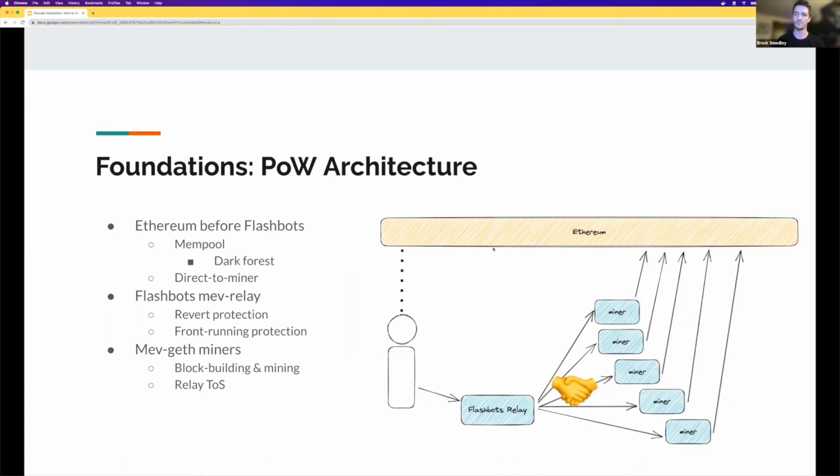The mempool is public, meaning that anything you send is visible to everybody who's running an Ethereum node. That doesn't have to be miners. That can just be anybody who spins up a Geth node. So they can see those transactions coming in before they're mined, and that leaves you open to attacks based on whatever information is in your transaction.